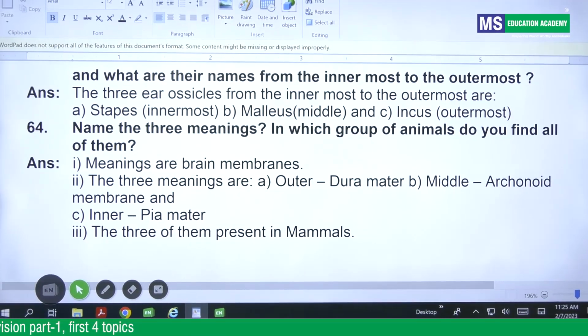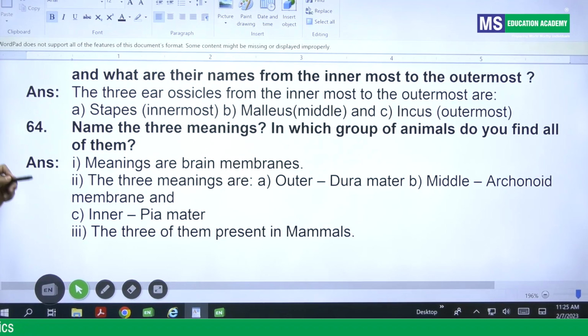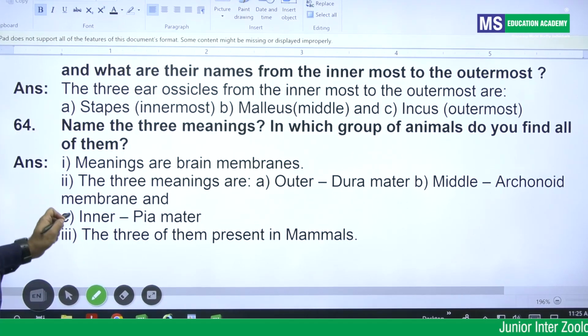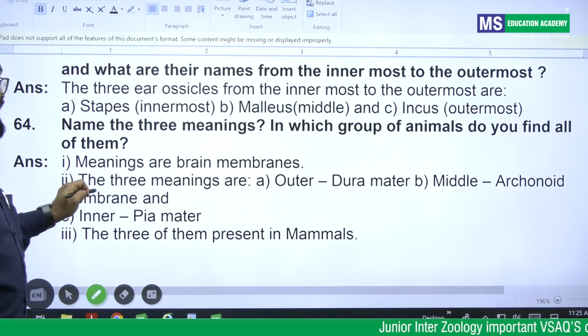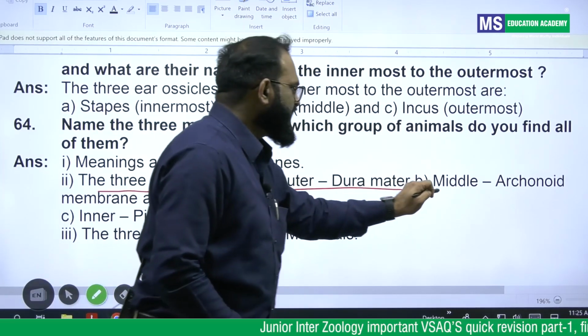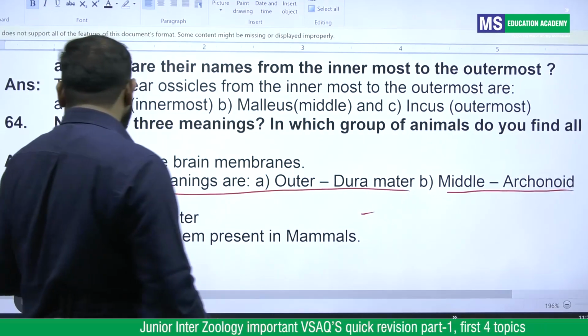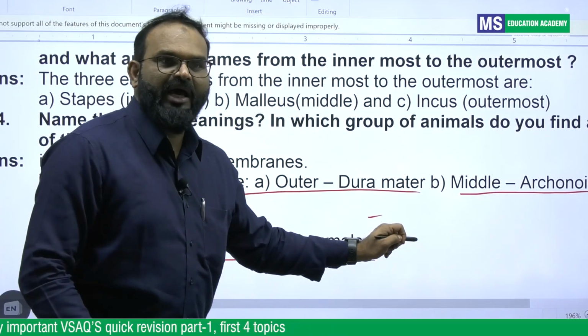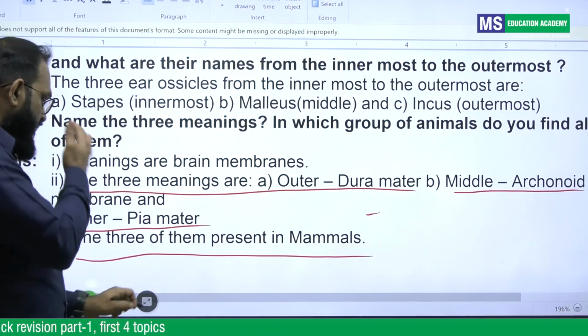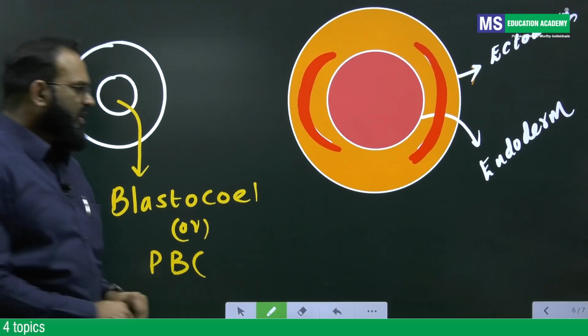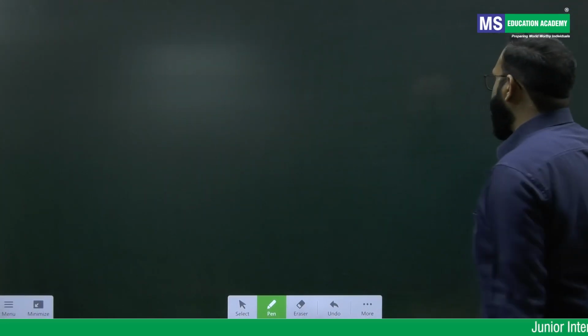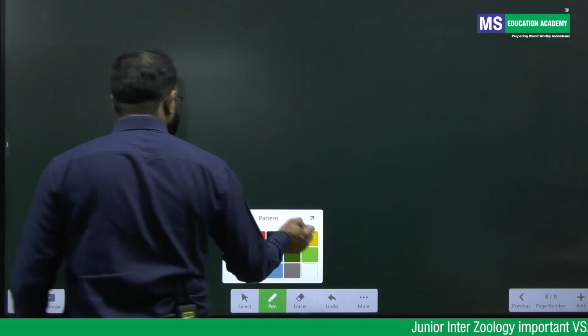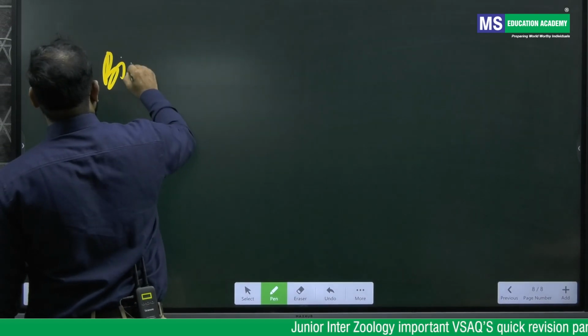Name the 3 meninges. In which group of animals do you find all of them? They are outer dura mater, middle arachnoid membrane, inner pia mater, and the 3 of them are present in mammals. Whereas in birds, only single meninx is present covering the brain, and that is called meninx primitiva.